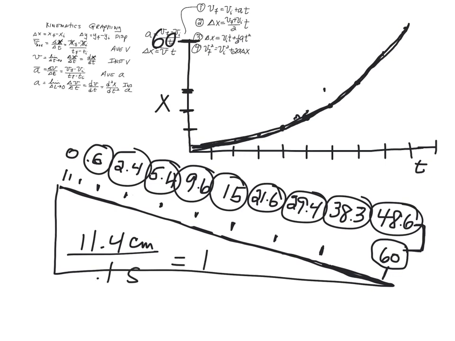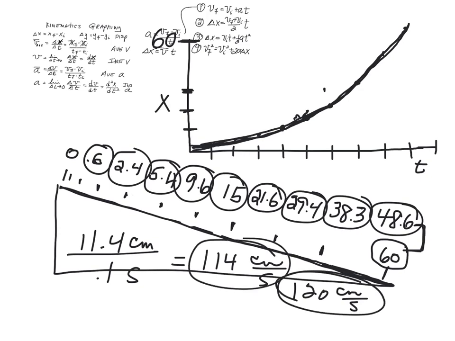That would give us 114 centimeters per second. But we already know, if you remember from the previous calculation, it's supposed to be 120 centimeters per second. So what's wrong? Well, what's wrong is this 1/10 of a second is too big an interval, so it's close but not exact.